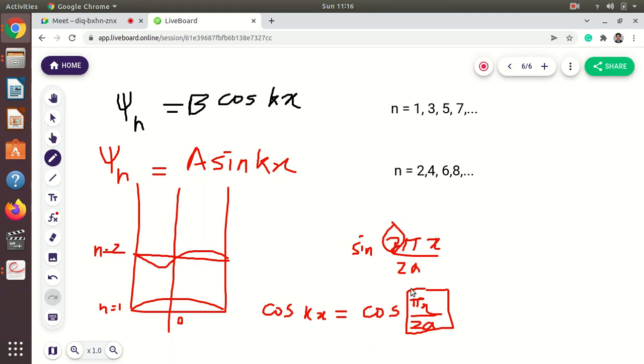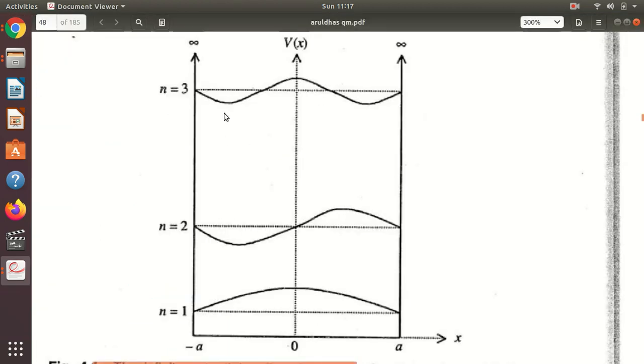Here n was equal to 1, then n equal to 2. Again for n equal to 3, the curve is like this. Okay, it is symmetric, just like we have seen here. So for this we have cos 3 pi x upon 2a.